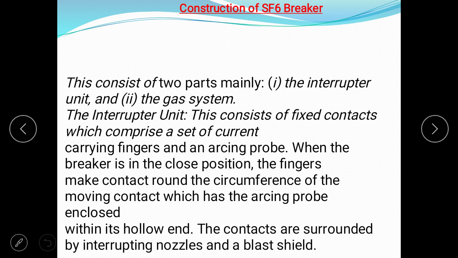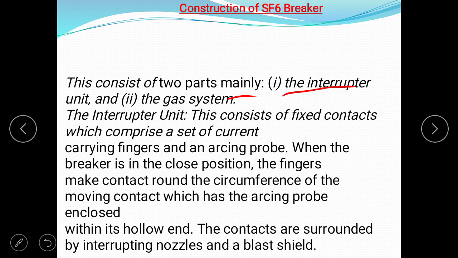So now, the construction of a SF6 circuit breaker. Construction of SF6 circuit breaker consists of two main parts. The first part is the interrupter unit and the second part is the gas system.